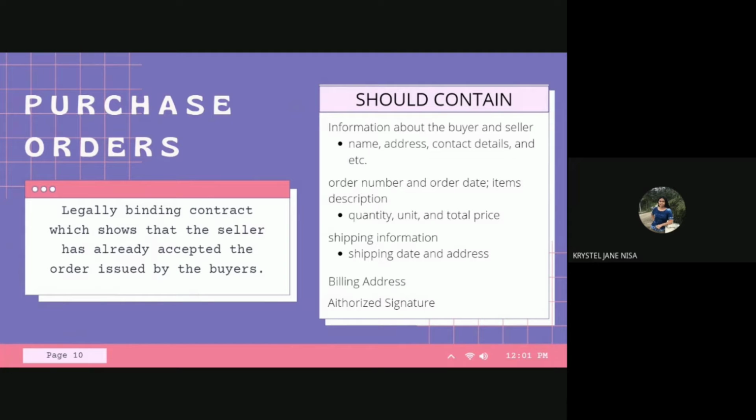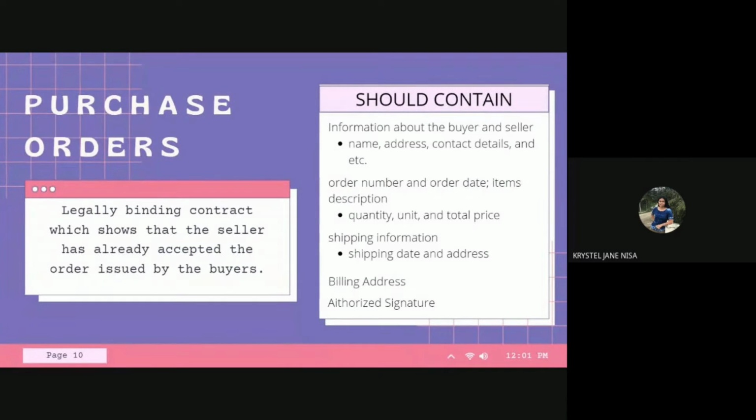Purchase order is a legally binding contract which shows that the seller has already accepted the order issued by the buyer. So a purchase order is a contract between the buyer and the seller. It is a document issued by a buyer committing to pay the seller for the sale of a product or service to be delivered in the future.